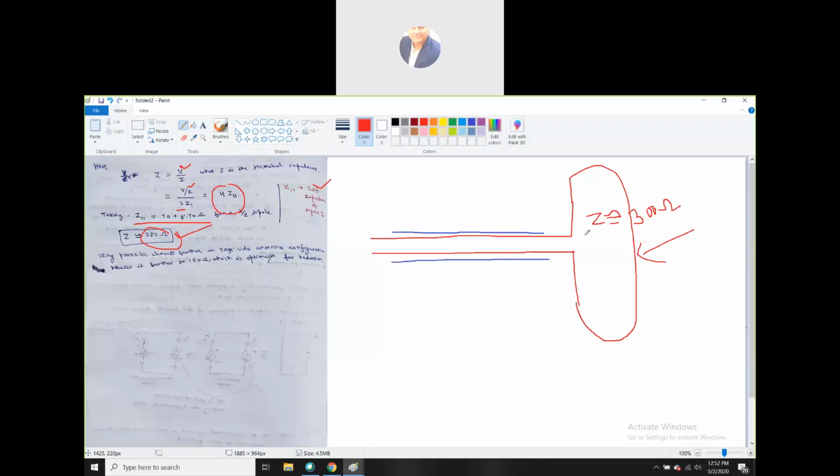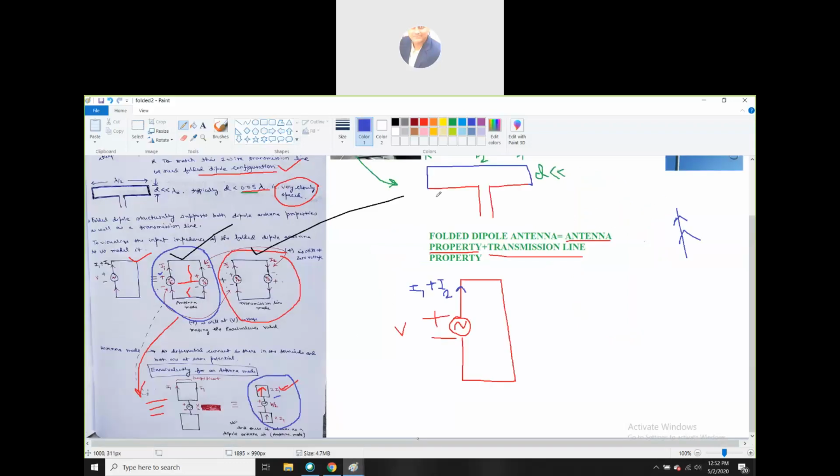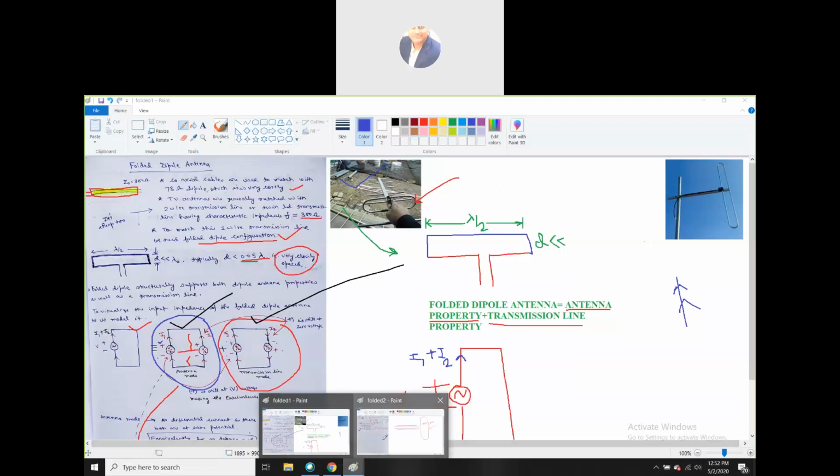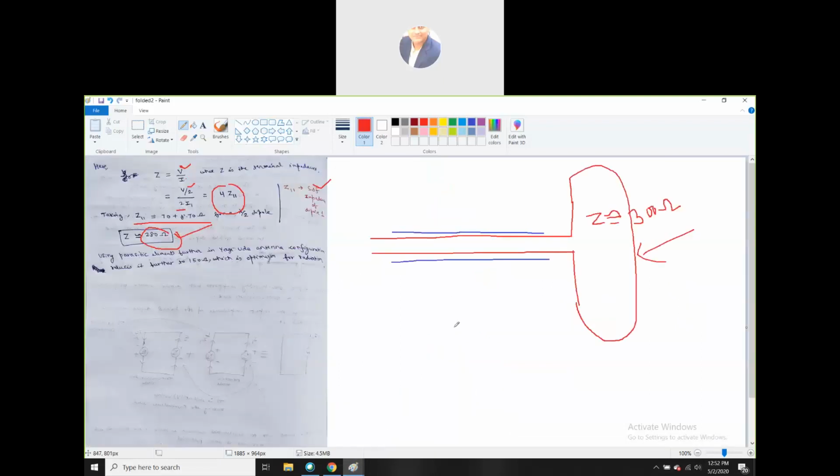One more condition you can also go with. When you use this in this configuration, because this folded dipole itself is 280 ohm, adding a director and reflector will decrease it to somewhere around 150 ohm.